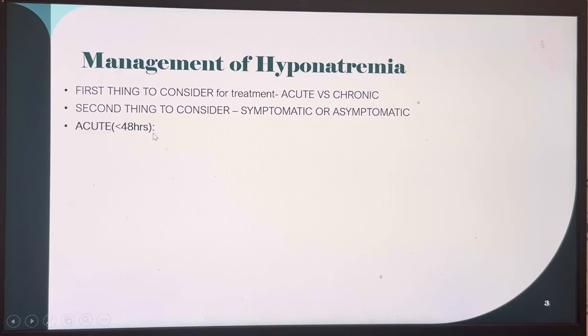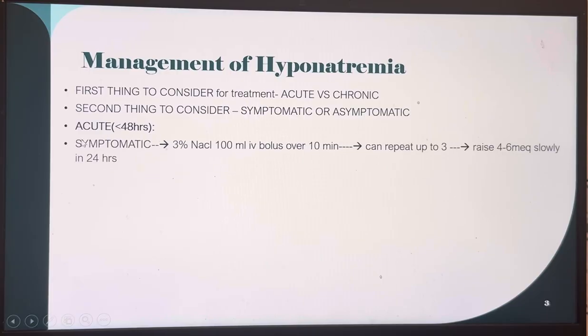First we'll check the treatment of acute symptomatic hyponatremia. We give 3% NaCl, hypertonic saline, 100 ml IV bolus over 10 minutes, and then after 4 to 6 hours you can repeat it, raising only 4 to 6 milliequivalents slowly in 24 hours.